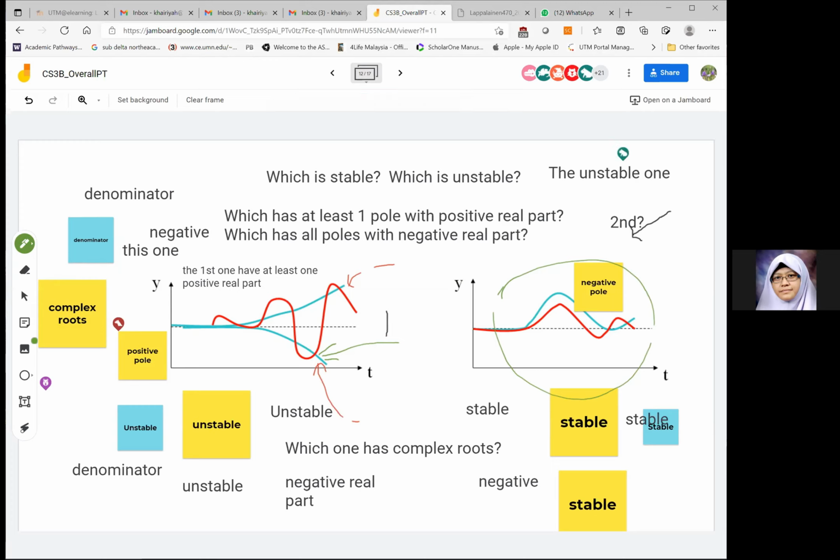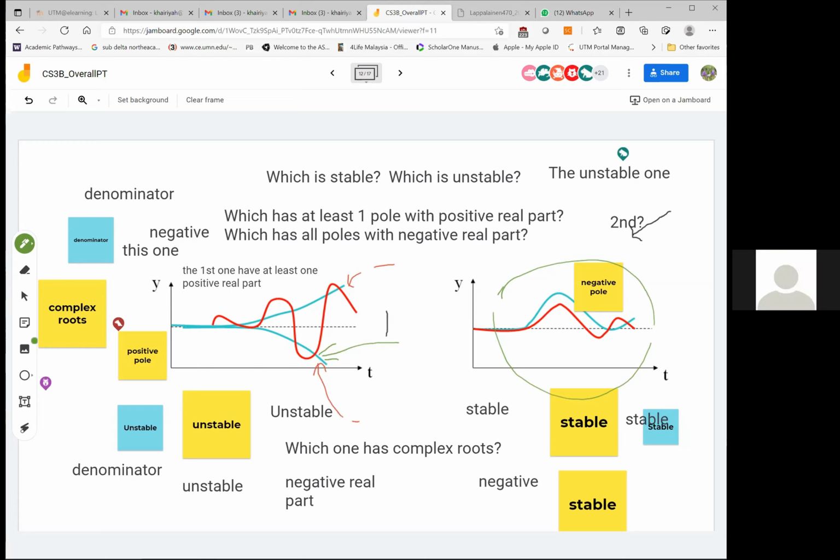Can you unmute and say it? The red one or the blue one, or both of them have complex roots? If you say the unstable one, both of them are unstable. I'm talking about the graph on the left here. Both of them are unstable.